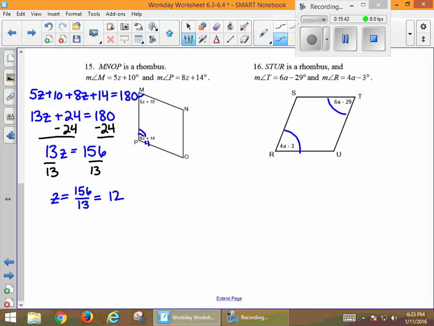So these two angles are congruent. So I can take 6A minus 29 and set it equal to 4A minus 3.